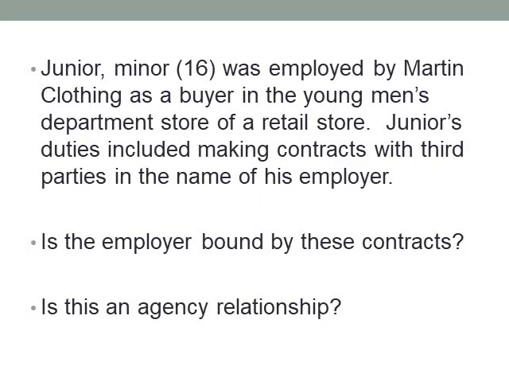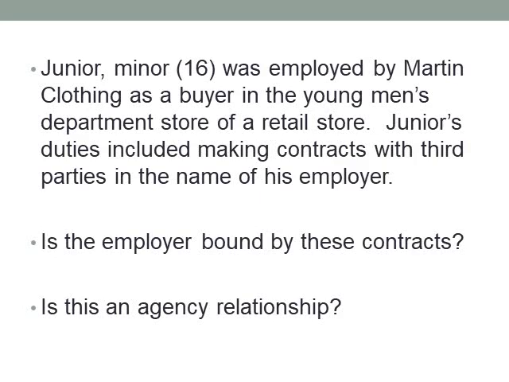Junior, who's a minor, he's 16. He was employed by Martin's Clothing as a buyer in the young men's department of a retail store. Junior's duties included making contracts with third parties in the name of his employer. Is this okay? Is the employer bound by the contracts made by this minor? I should ask, is this an agency relationship?